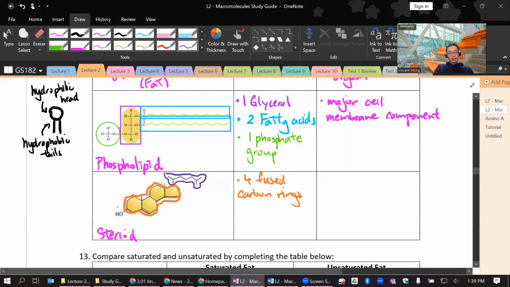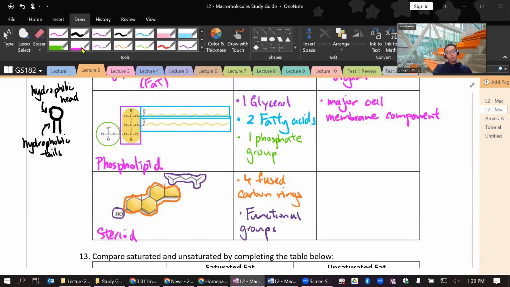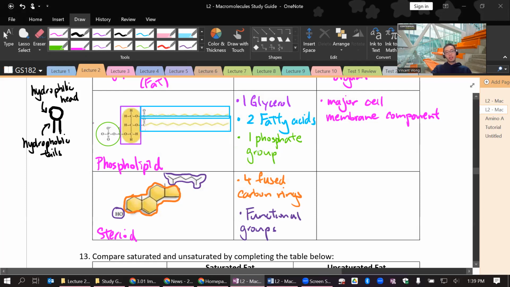These are called functional groups. Depending on the kind of functional groups you have, it's going to give it different properties. Some functional groups are like OH, other functional groups are like hydrocarbons. We're not going to bother ourselves with all the details. Just suffice to know it's the 4 fused rings with various things stuck to it.